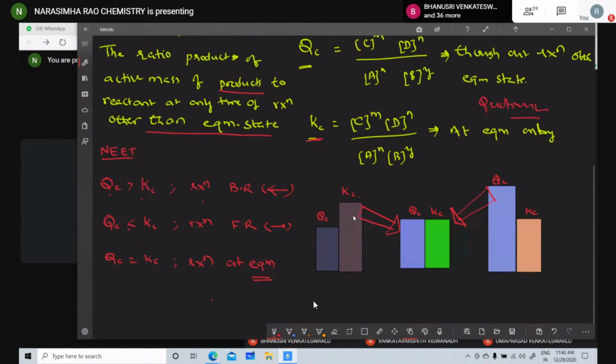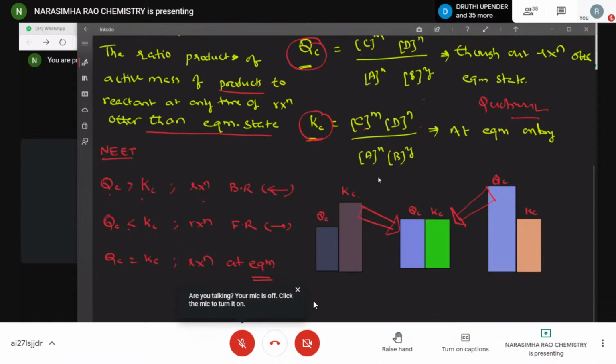First, this Kc value is greater, meaning this value is greater than that of this one. Now, the product concentration is maximum. Kc value is maximum, product concentration is maximum. Since it is higher than what we expected, which reaction will be favored? Backward reaction will be favored.